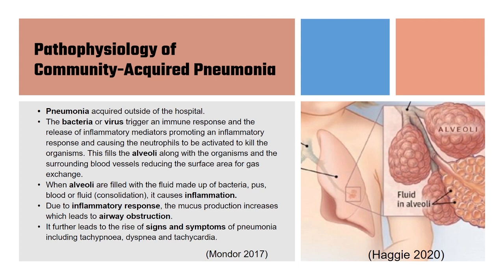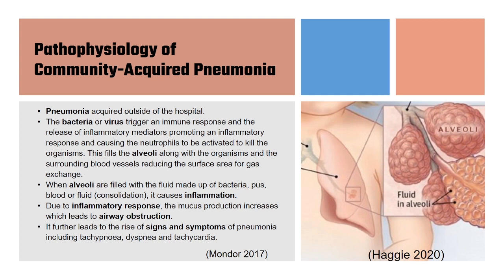Furthermore, the inflammatory response can lead to increased mucus production, which further results in airway obstruction. This airway obstruction consequently decreases the surface area for gas exchange and the space available for the air to travel through the airways.